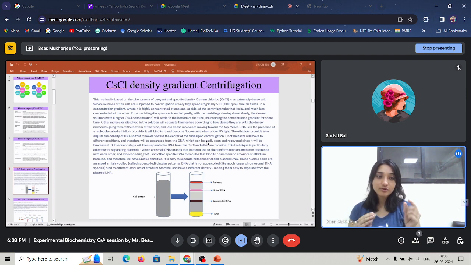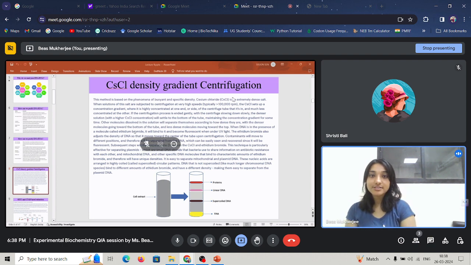Okay, so cesium chloride. If you remember the periodic table, cesium is very, very heavy, right? So it is a very heavy metal, and chloride is a very tiny anion, right? So cesium chloride has a very high density. This is an extremely dense salt, and when solutions of this salt are subjected to centrifugation at very high speed, typically 100,000 rpm, CsCl sets up a concentration gradient.